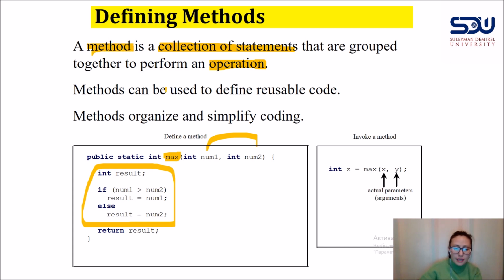Also, methods can be used to define reusable code, meaning you create some code once and every time you just call it. What kind of advantage do we have from methods? Methods help us to organize and simplify our coding.